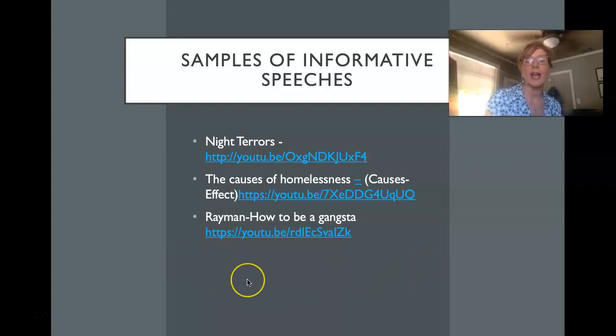Rain Man, How to Be a Gangsta, is humorous. God, I can't even think of the word right now. But he's a young man in college who is kind of making fun of gangster life. Now, hopefully that doesn't offend people, because I actually take being in a gang very seriously personally.